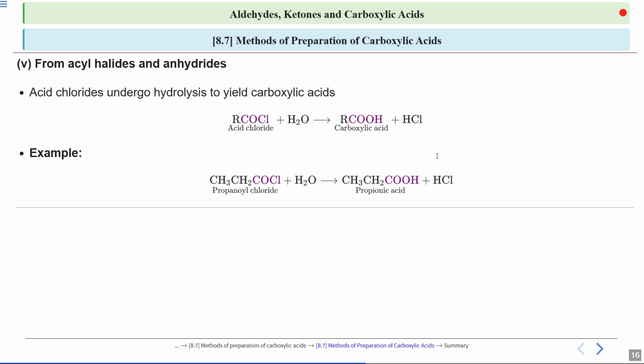If you look at an example, you have propanoyl chloride, which is an acid chloride. It reacts with water and forms propanoic acid, which is a carboxylic acid, and HCl is released as a side product. So you can see how from an acid chloride we are getting a carboxylic acid.